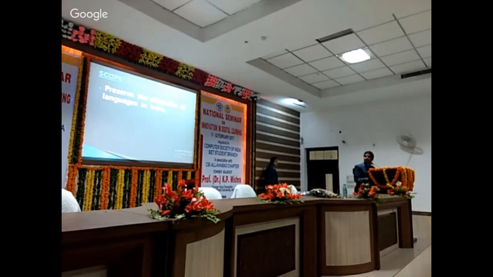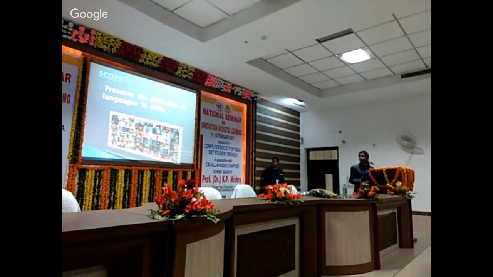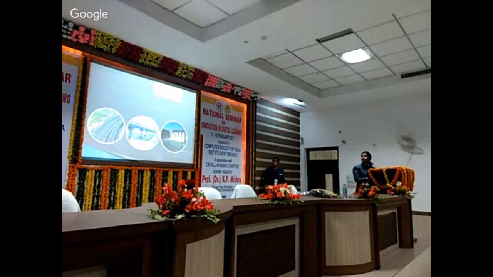Scope of GNMT. GNMT can be used as a tool in real-time conversation to preserve the diversity of languages in India. With GNMT, the flow of culture through the medium of languages will happen, which will be helpful in maintaining unity and diversity. GNMT can also be used to increase interoperability among the states.